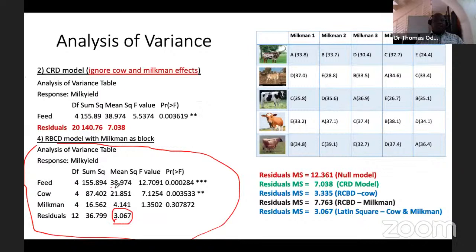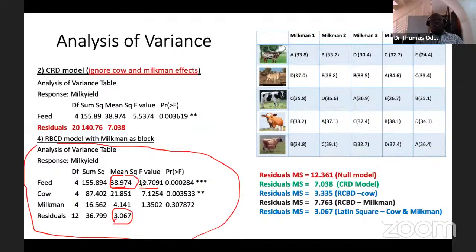So to get 12.7, we divide this value 38.974 with 3.067. So we get this value here.